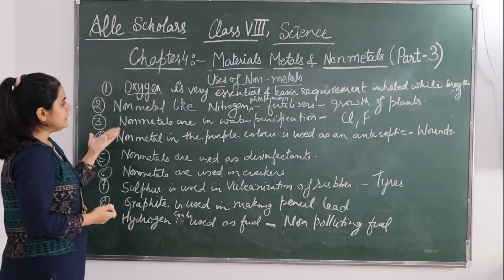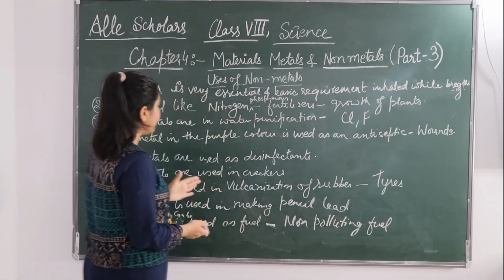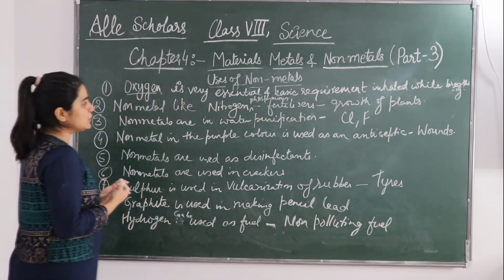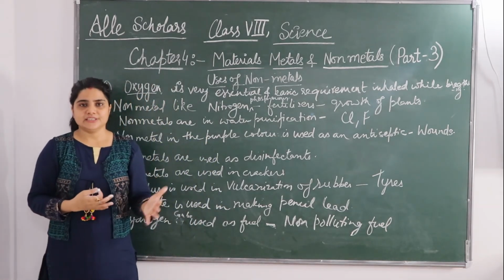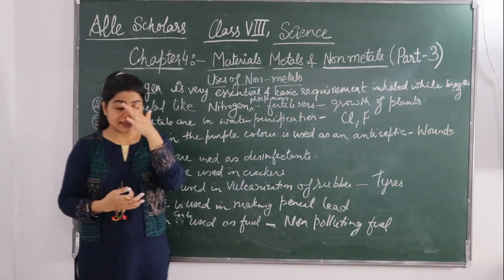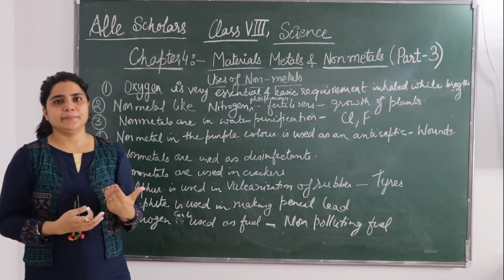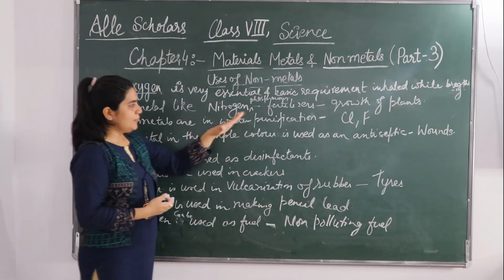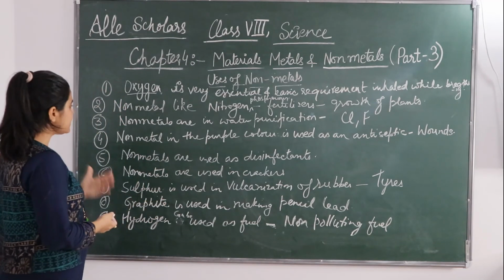In plants also they act as a good fertilizer for growth. If our water is not pure, we will be full of diseases. There are so many diseases because of contaminated water. So in water purification, chlorine and fluorine, which are non-metals, help us.